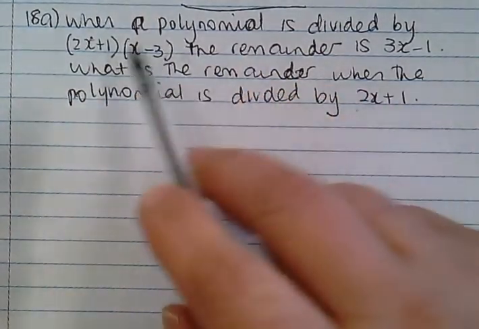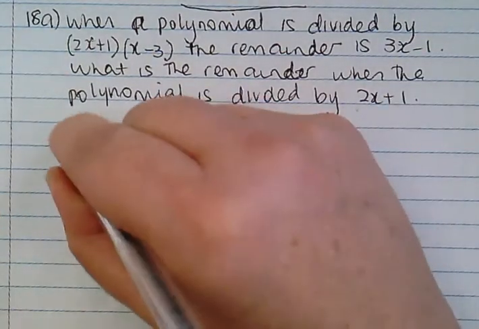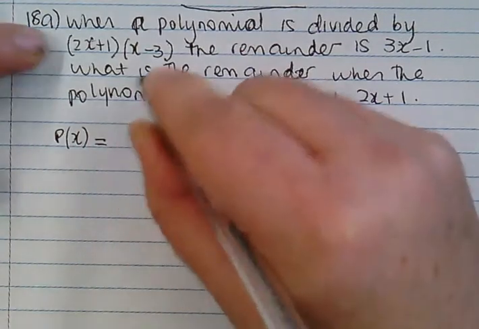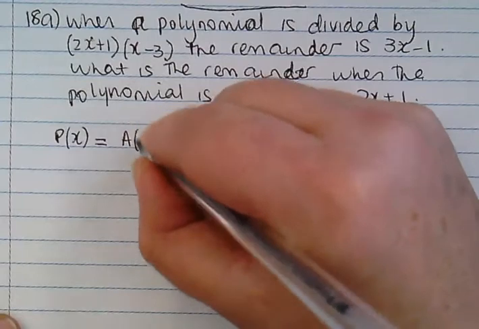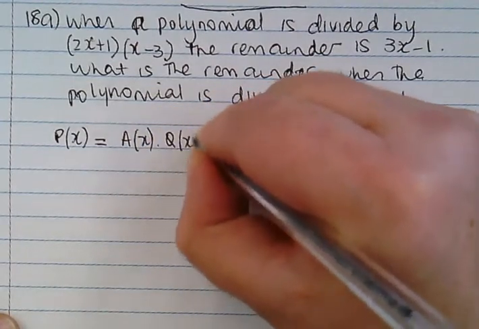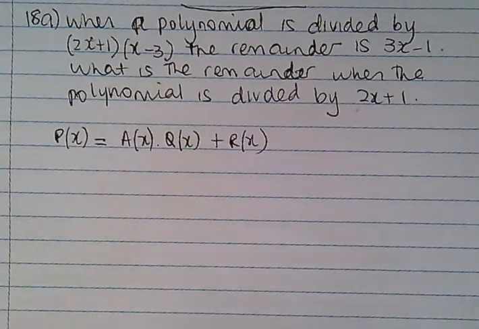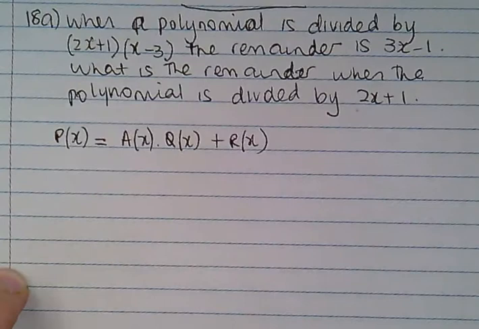So if your polynomial is divided by that and the remainder is this, do you remember how we do it? Your polynomial equals this. You know how it's a(x) times q(x), remember, plus r(x). Just think, your polynomial is that thing you're dividing times the top quotient plus the remainder.